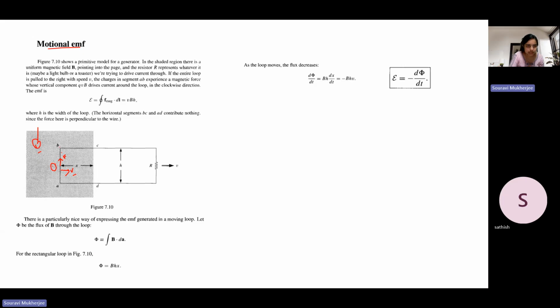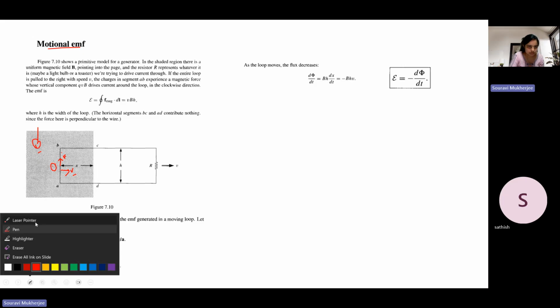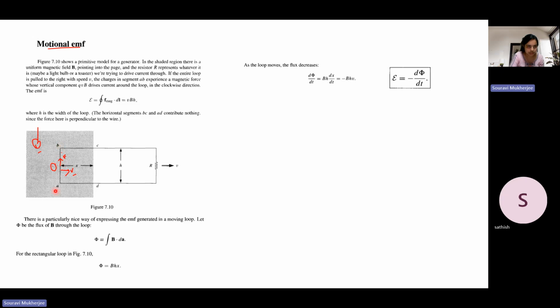So there will be an EMF or a potential difference between these terminals. Similarly, the forces along BC or AD are perpendicular, so the work done does not contribute. What contributes is only the force along this segment AB.